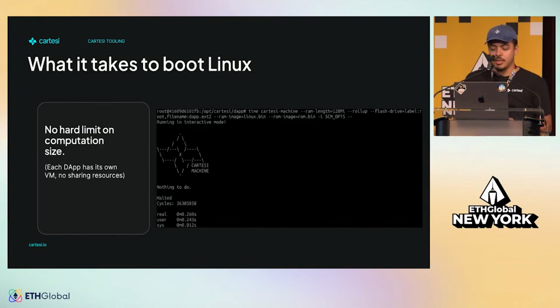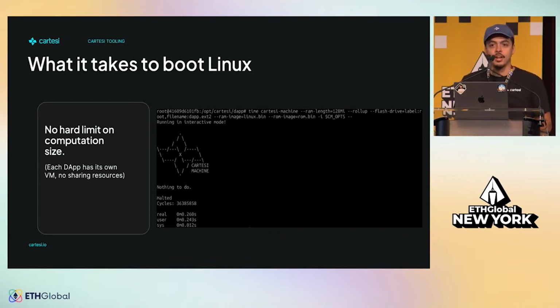And this is what it takes to boot Linux. It takes 3.6 million CPU cycles to boot it. So it would never really be feasible, even interesting, to have Linux on top of the Ethereum network. It's comparing apples to oranges, right? It does not make sense.